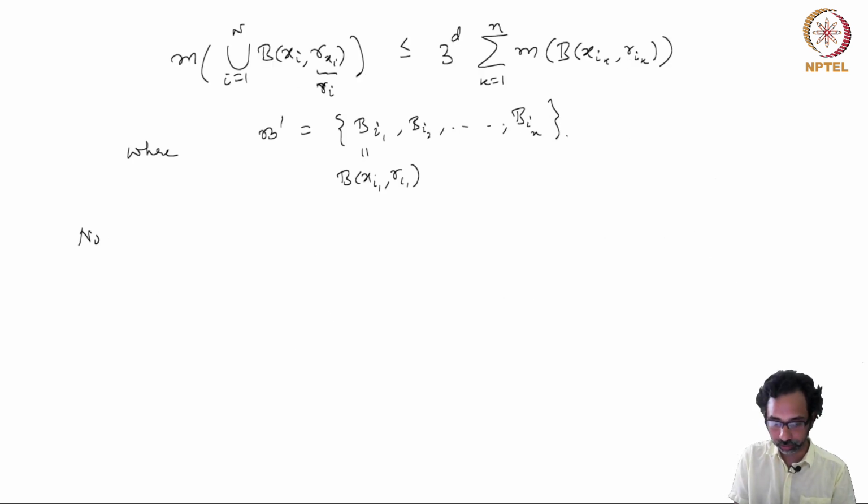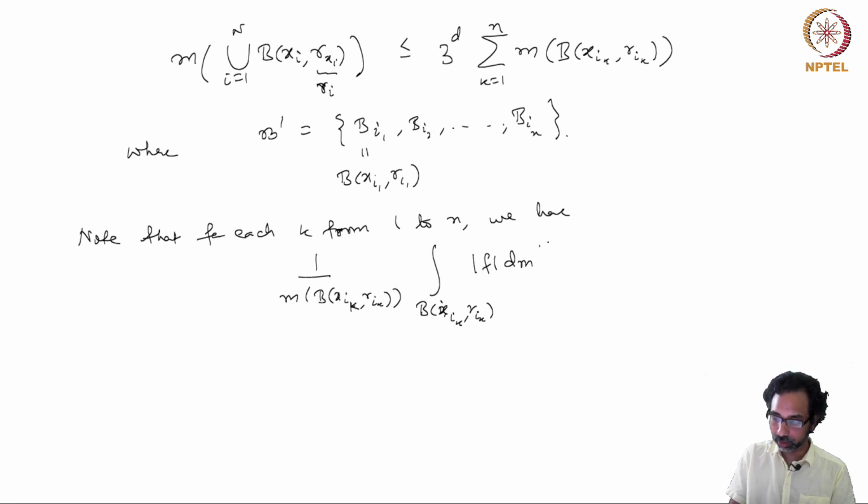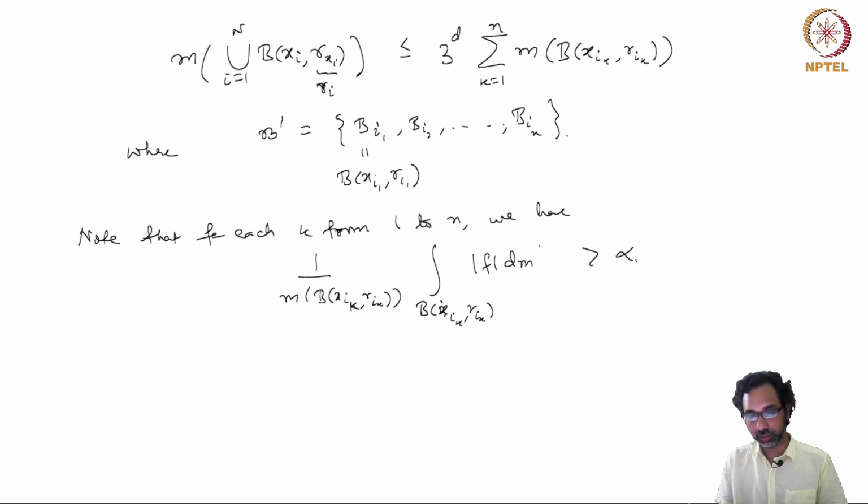So note that for each k from 1 to small n, we have 1 over the measure of B(x_{i_k}, r_{i_k}) times the integral over B(x_{i_k}, r_{i_k}) of |f| dm is greater than alpha, because this was our choice of the open balls for which this inequality held.